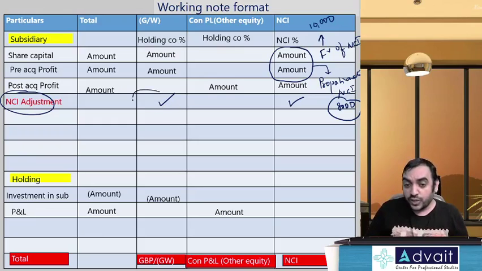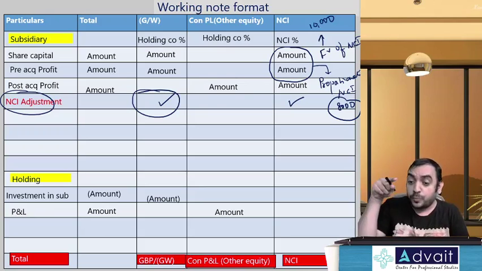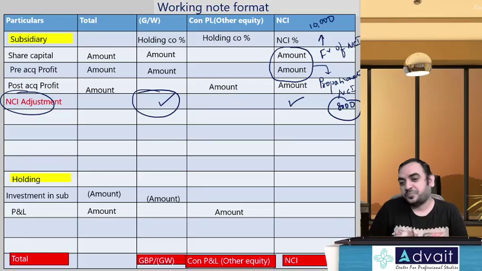Here comes the picture. Tell me, what will you do in the goodwill column? Because that difference should now be reflected in goodwill. Will you do plus or minus? Here people make mistakes, I know.